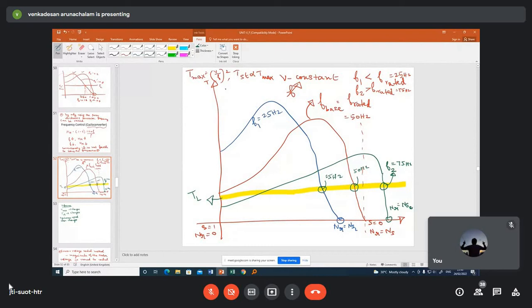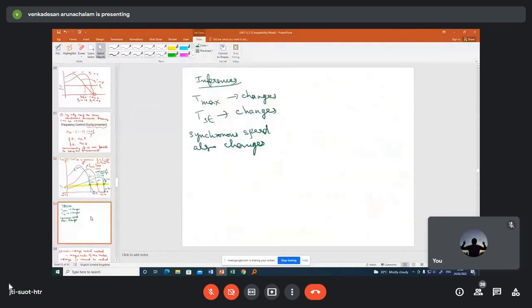So if you look at the speed control range, it has increased, which is widened. So this is your speed control range.